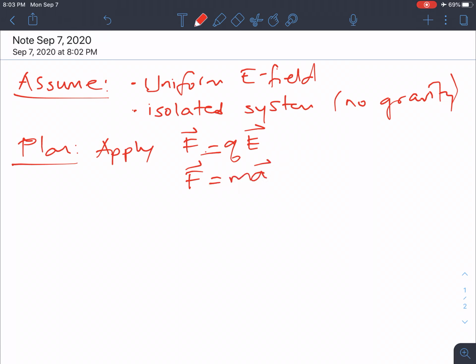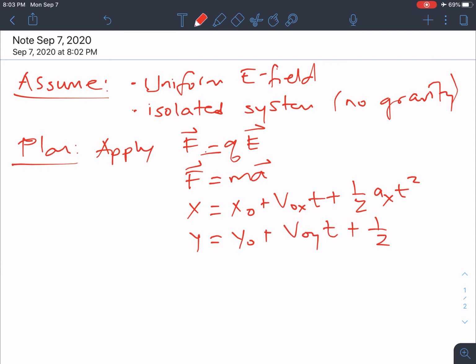And then the constant acceleration equations. So x equals x0 plus v0x t plus 1/2 ax t squared, and y is equal to y0 plus v0y t plus 1/2 ay t squared. So those are the plans. Now you can see that it's almost a mechanics problem. The only difference is we just are starting with an electrostatic relation.